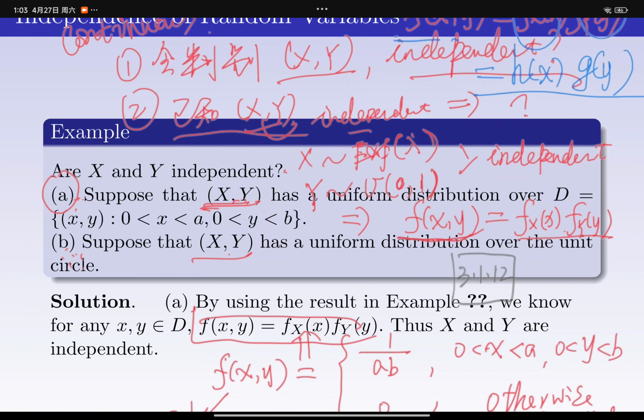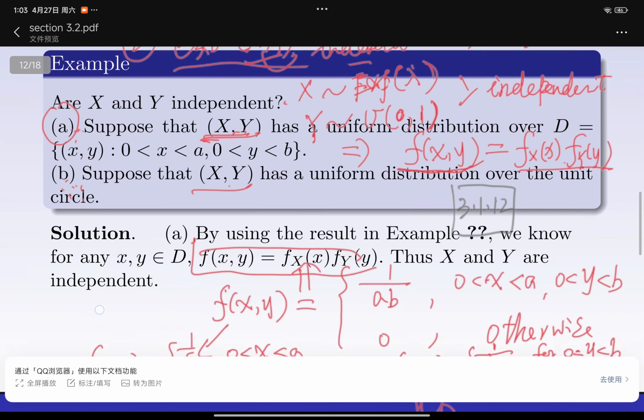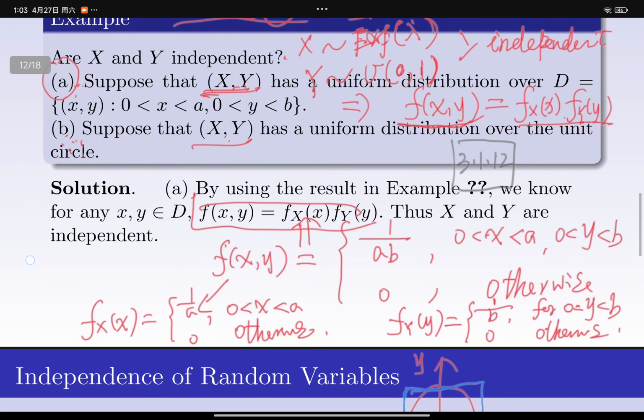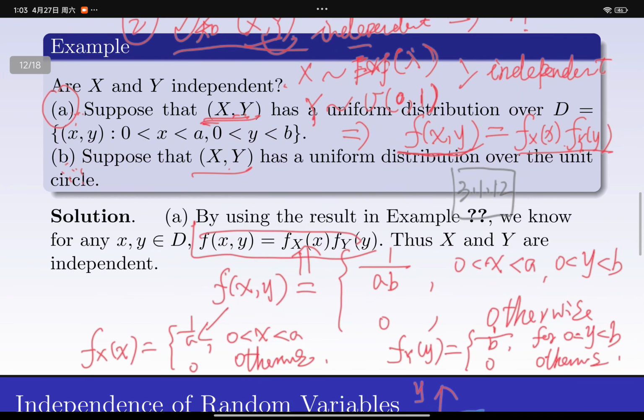f of x, y equals what? All this is in the chapter we have neglected, so we directly step into this chapter. It's a little funny.